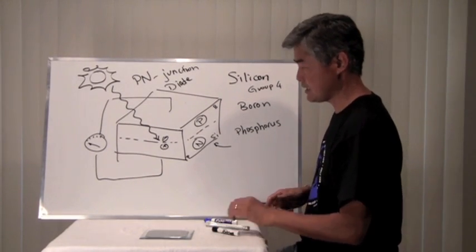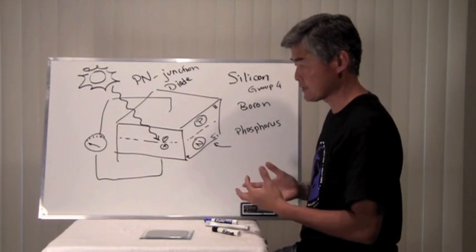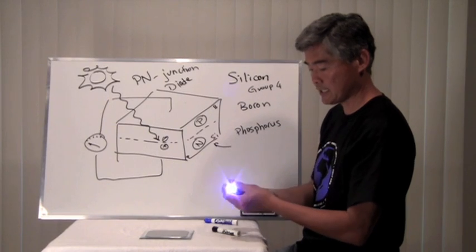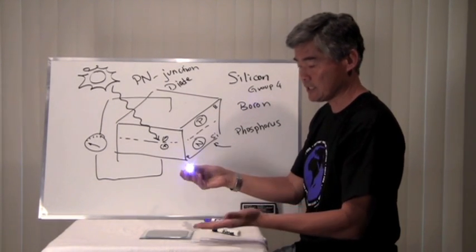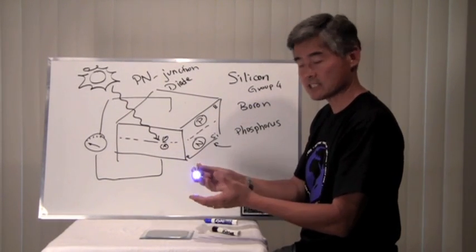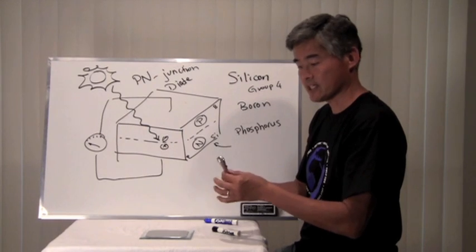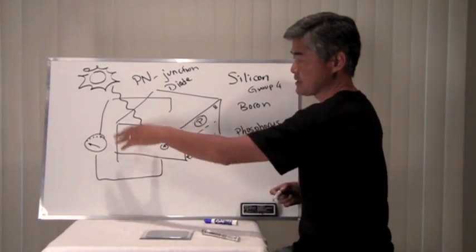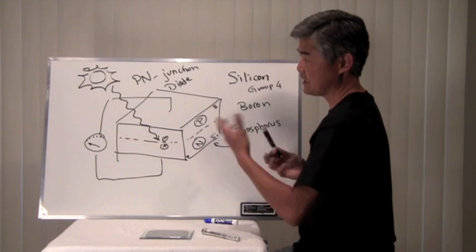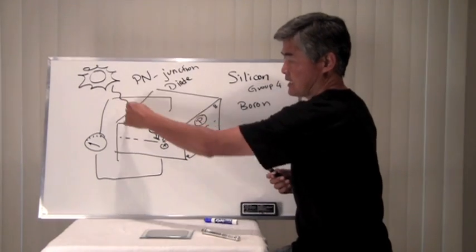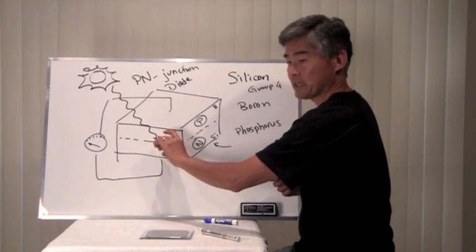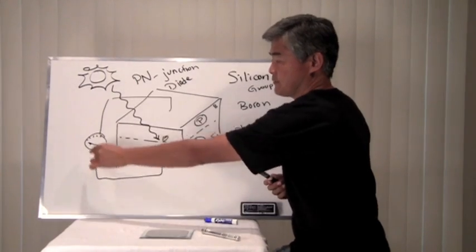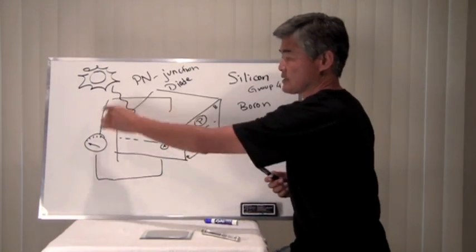In the case of a diode that generates light, as in a traditional LED or light emitting diode flashlight, it's also a diode, but it works the opposite of a solar cell. In the case of the solar cell, as a reminder, light comes in, an electron hole pair gets generated, and then it forms current, so you get electricity coming out.